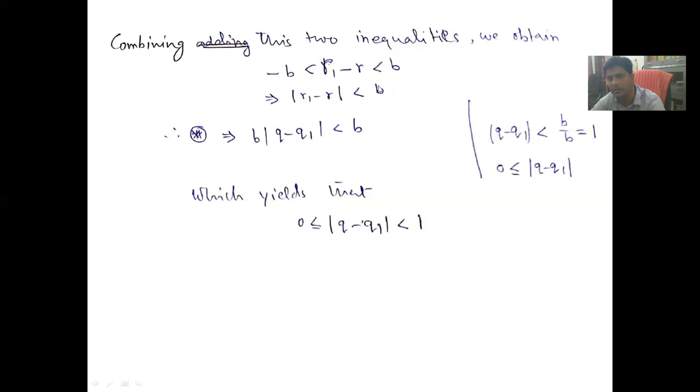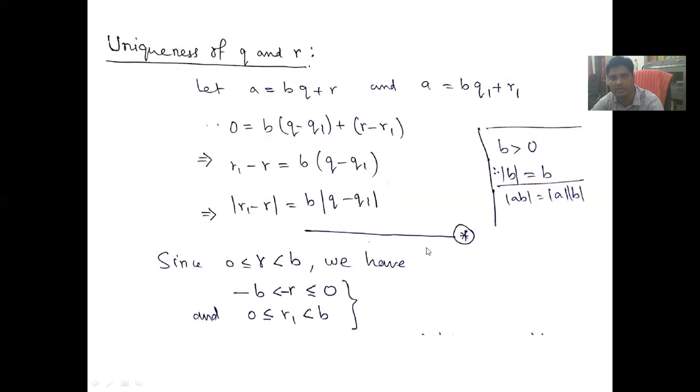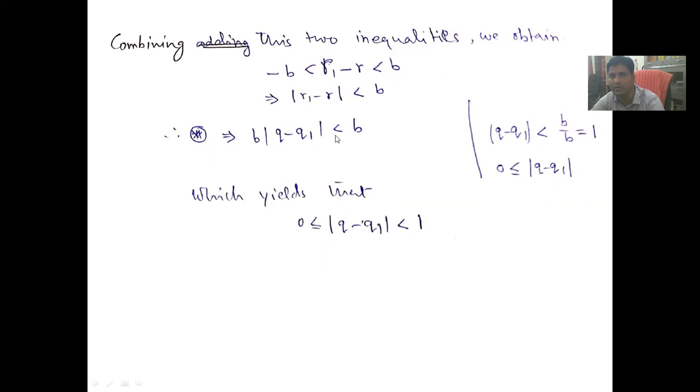And using this in star, mod R1 minus R is B times mod Q minus Q1. So B times mod Q minus Q1 is strictly less than B, which yields that 0 is less than or equal to mod Q minus Q1, strictly less than 1.